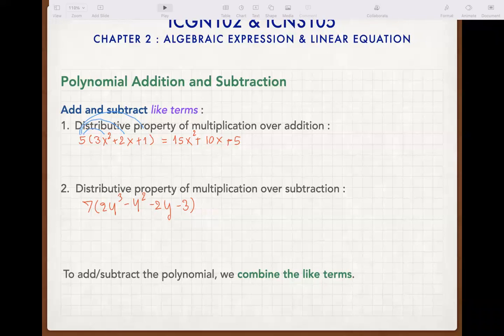Then you use the distributive property to distribute over the subtraction of the terms, or of the polynomials. Then you get 14y cubed minus 7y squared minus 14y and minus 21. This is the distributive property of multiplication over subtraction.